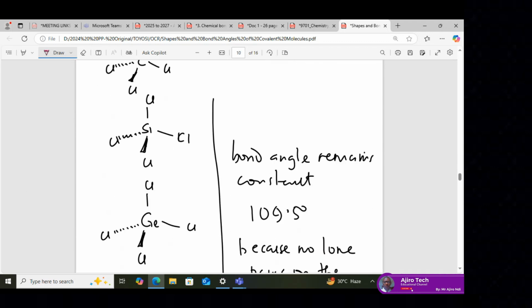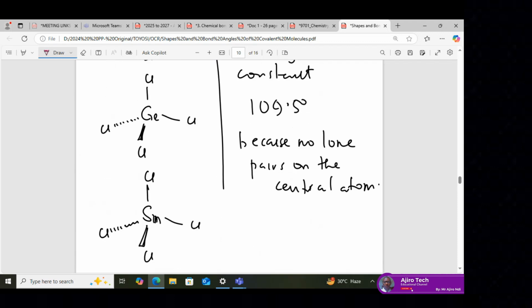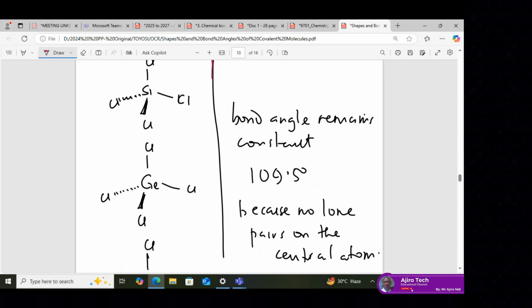There are no lone pairs on the central atom. So as you go down the group, from carbon to silicon to germanium to tin, there is no change in bond angle, because the bond angle remains constant at 109.5 since there are no lone pairs on the central atom.